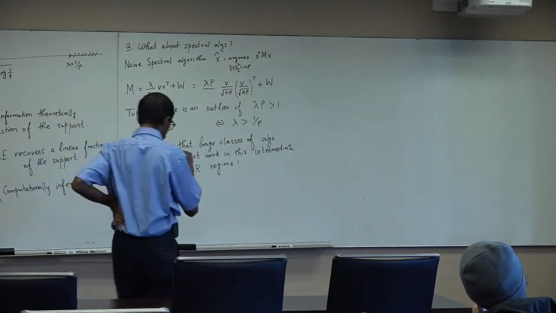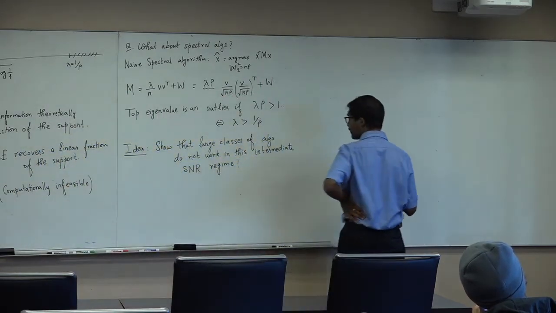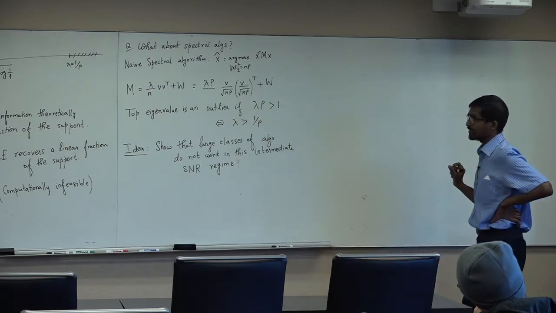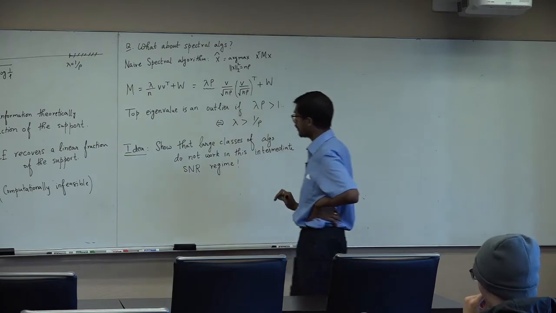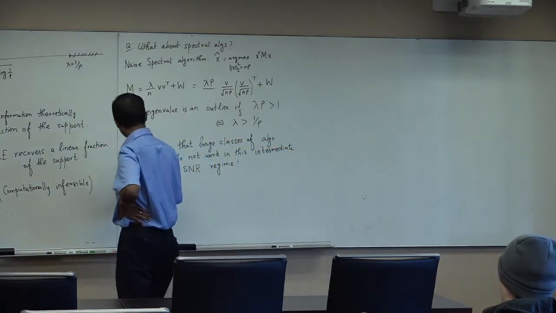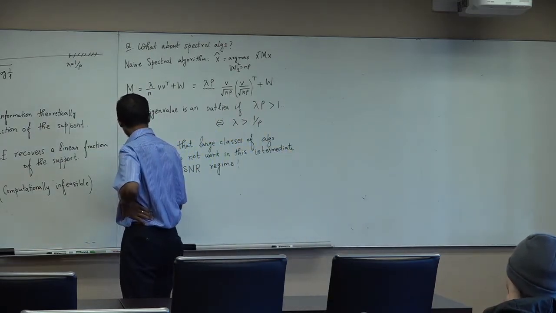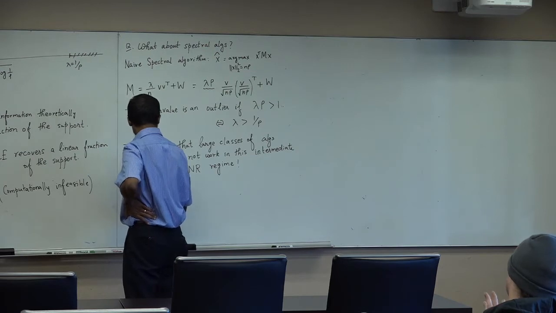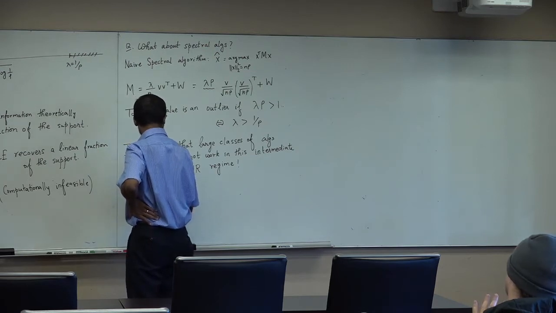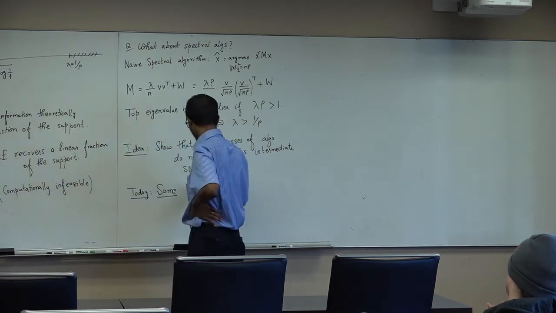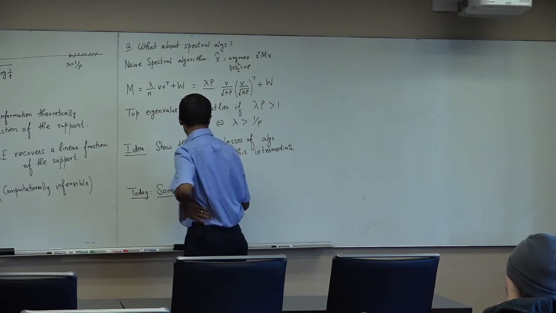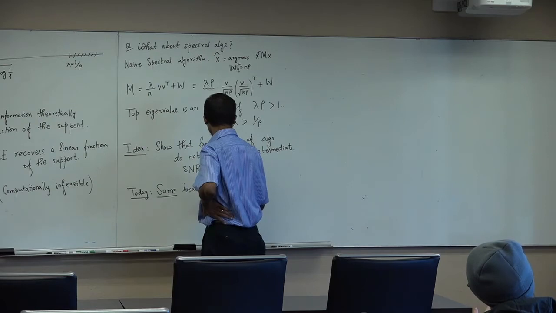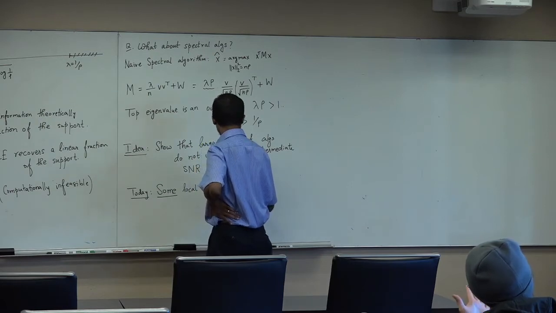I'll try to convince you that you can at least prove that certain classes of Markov chains won't work. What I'll try to show is that some, and 'some' is very much emphasized, local Markov chain algorithms do not work.